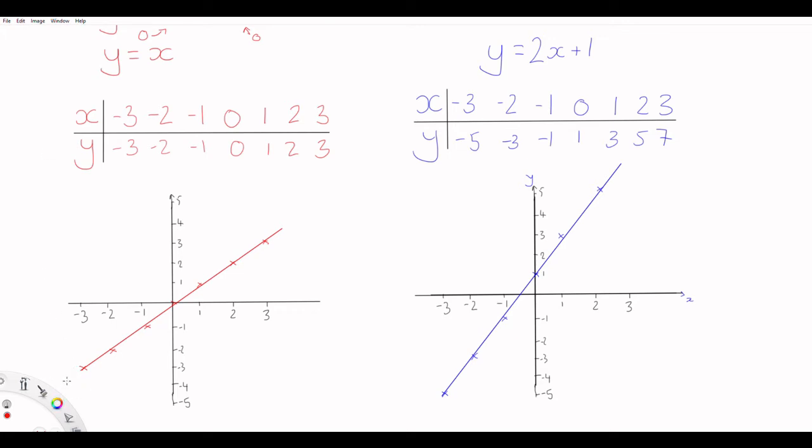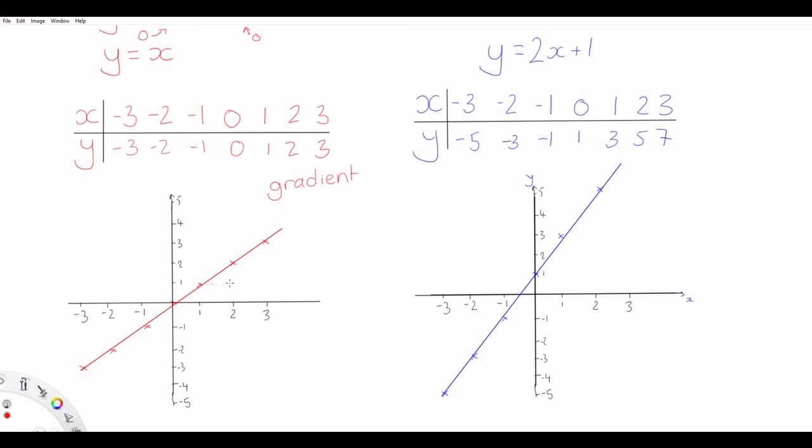When we're talking about how steep they are, we're referring to the gradient of the line. So firstly, let's consider the gradient. When we're talking about the gradient and the steepness of the line, we're effectively saying how far up has it gone in the y direction, or down, it could be a negative slope, across a period of 1 on the x.